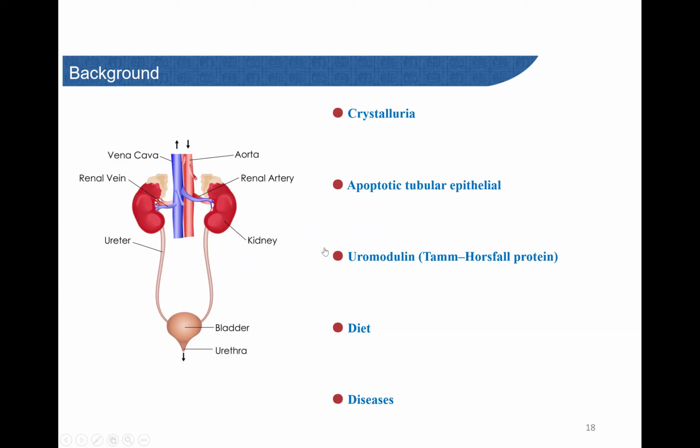Second, apoptotic tubule epithelial cells routinely slough into the urine. In addition, some tubule segments secrete a protein called uromodulin, which is a major component of protein casts. Above that, diet and certain diseases such as multiple myeloma also affect urine particle formation.